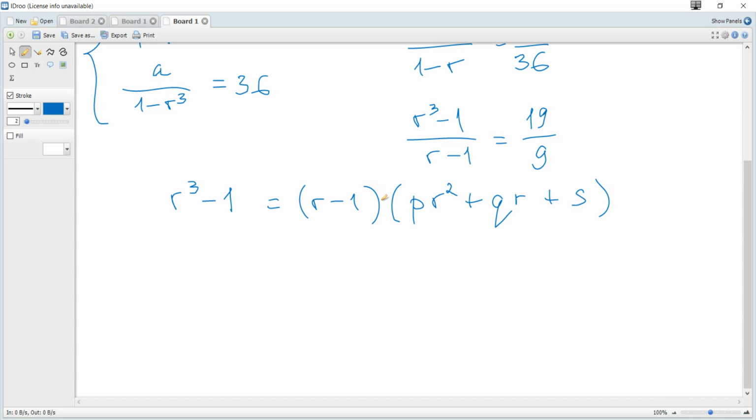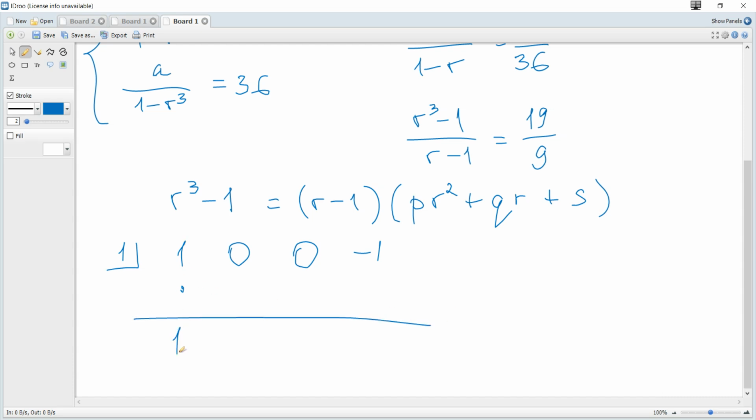I will use synthetic division, you may use long division. How it works: 1 here, -1 here, write 1 here, and coefficients of this polynomial, since it's of degree 3, there must be 4 coefficients: in front of r cubed it's 1, in front of r squared 0, in front of r 0, and -1.